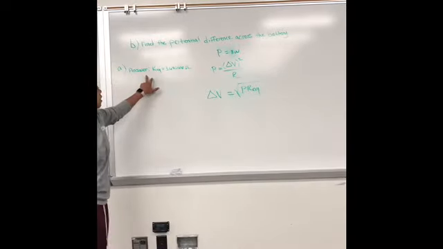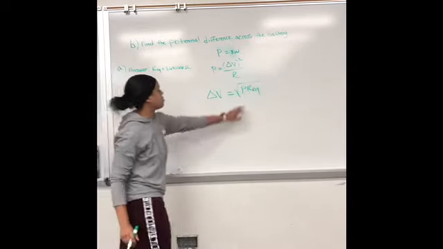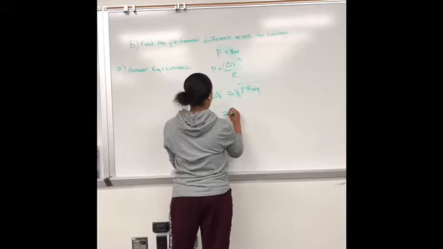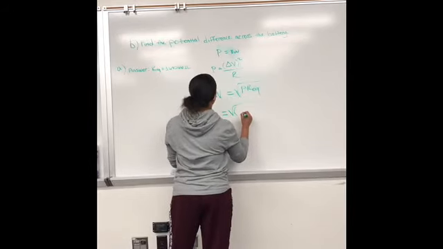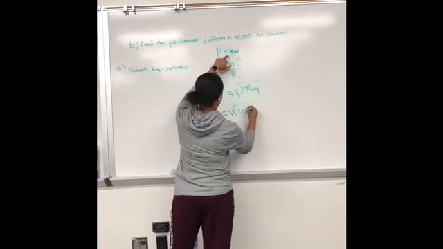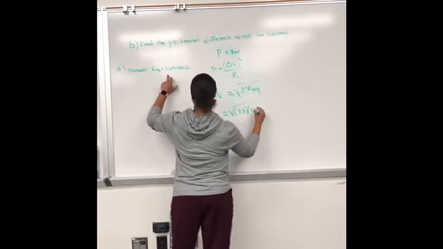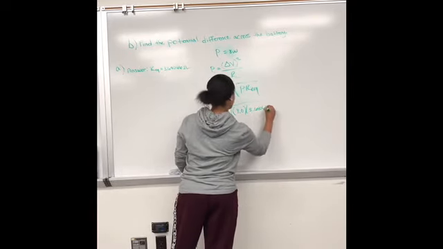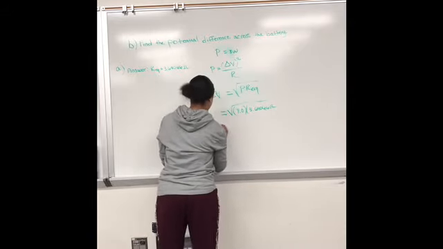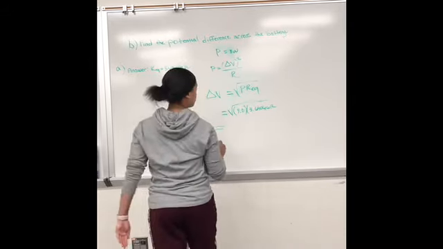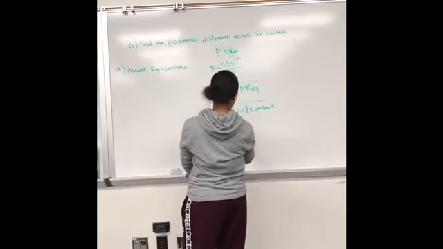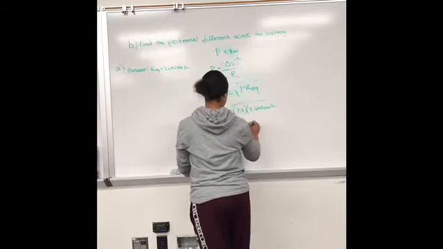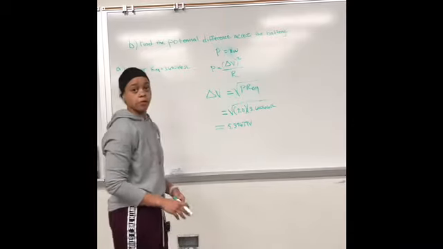And with our answer that was given in A, we'll use that to plug in right here. So it's the square root of our power times our answer we got right here, which is 8 watts times 3.64066 ohms. Once we multiply that, we'll get 5.9679 volts as the potential difference across the battery.